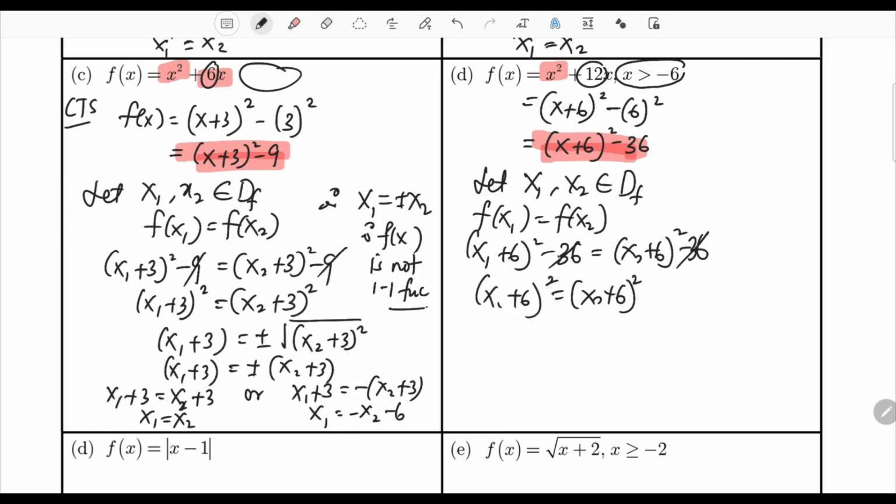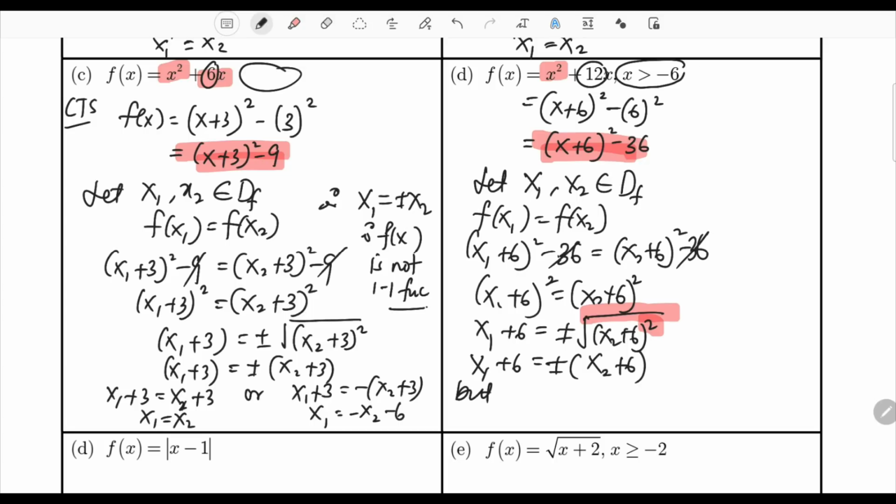Again, now squaring, bring it to the right side, becomes square root. So again, x1 plus 6 plus minus square root of x2 plus 6 squared. So here, the square root and the squared will eliminate each other. So we have x1 plus 6 equal to plus minus of x2 plus 6. But we are given here the x, meaning greater than negative 6 only.